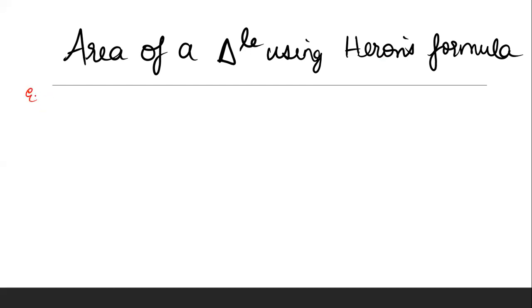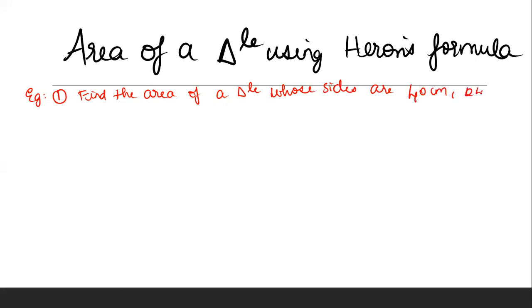Now here, area of a triangle using Heron's formula. Let's take an example. Example number 1. Find the area of a triangle whose sides are 40 centimeter, 24 centimeter, and 32 centimeter.